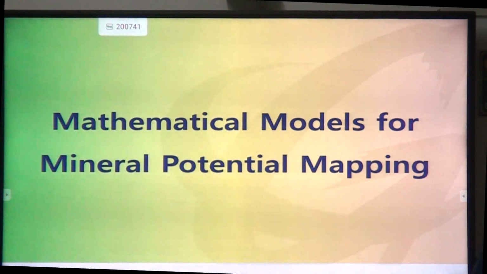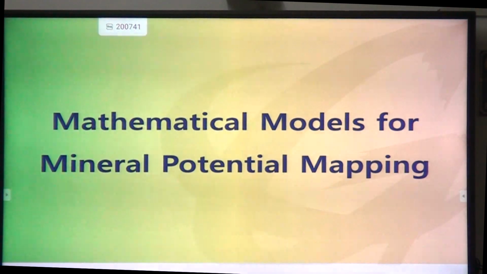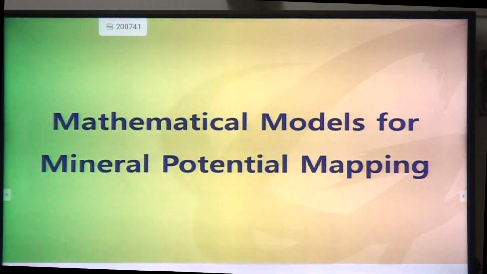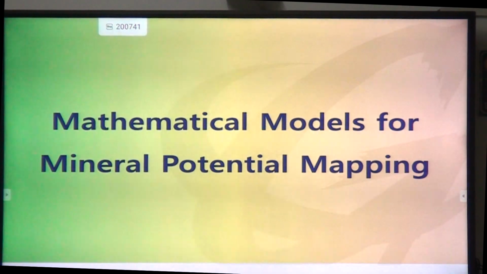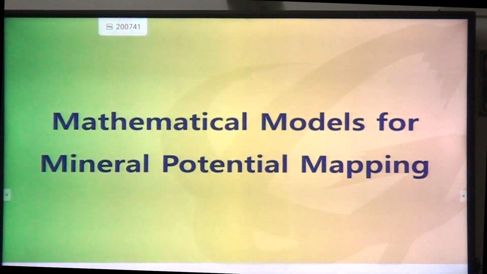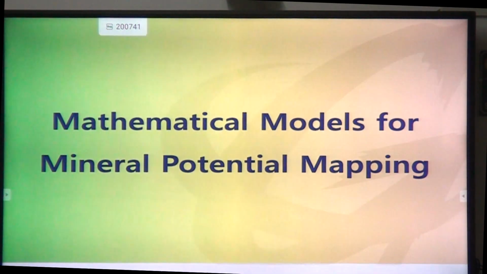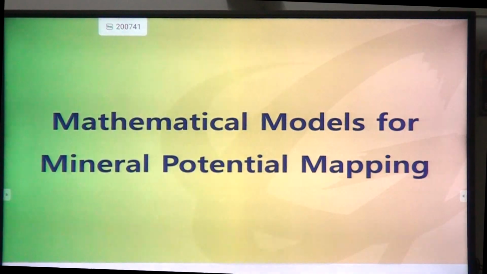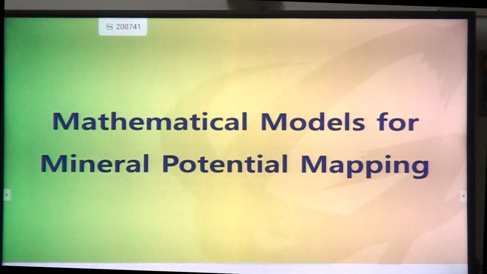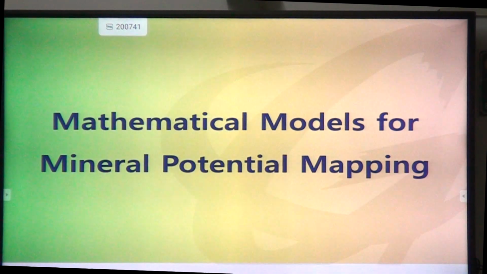If I want to do a predictive map for the entire country, based on the known deposits, of where there could be a potential hidden deposit that we have not identified as yet, what would you do? What is the input data? Obviously, first thing is the known deposit locations are very important. What other data do you get?